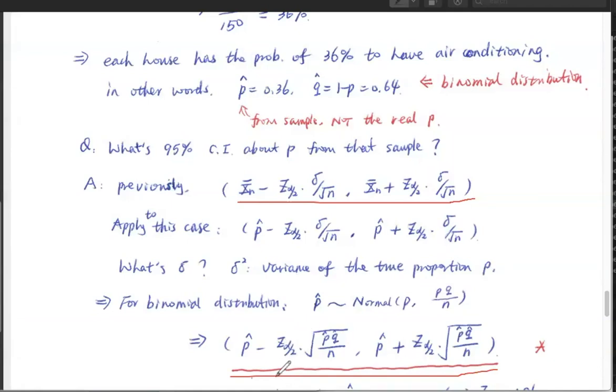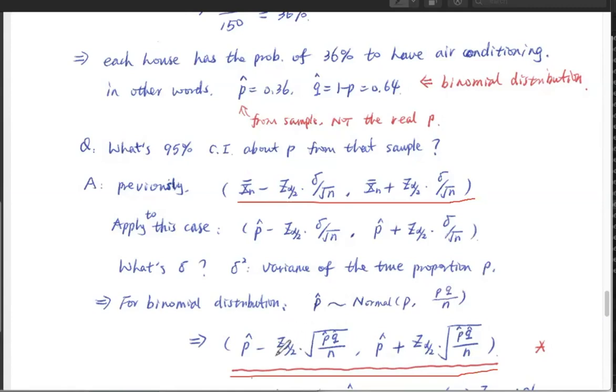If we are talking about 95%, z alpha over 2 is 1.96. For 90%, z is 1.65. For 99%, it's 2.58. After a few more practices, you will get more and more familiar with those numbers.